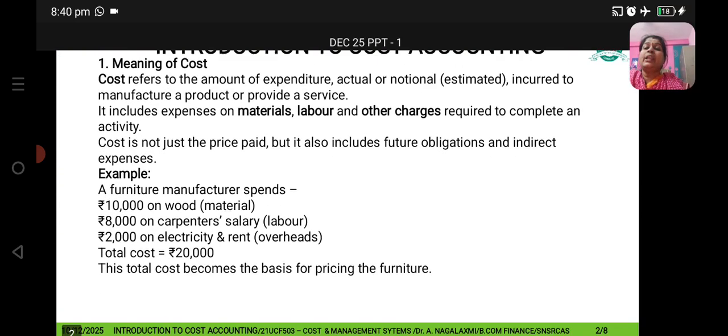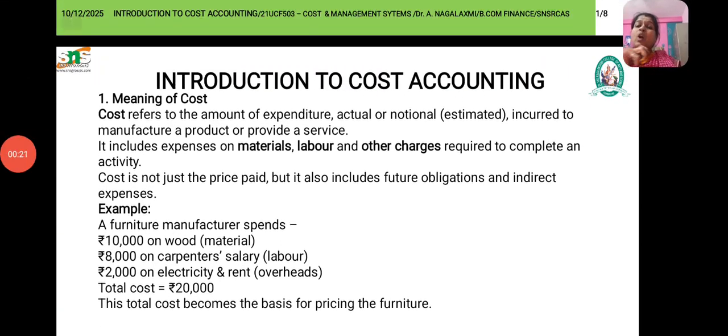Now we are here to understand what is the meaning of cost. First, before going into the concept of cost accounting, we have to know the basis of this. So first we are going to see what is meant by cost.